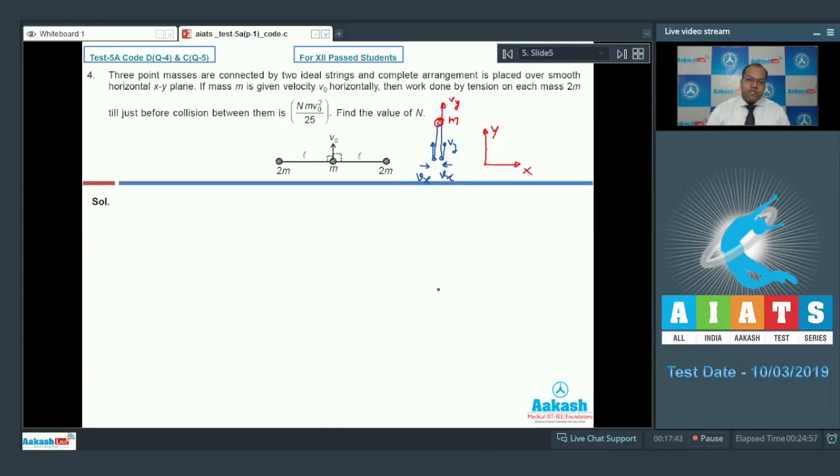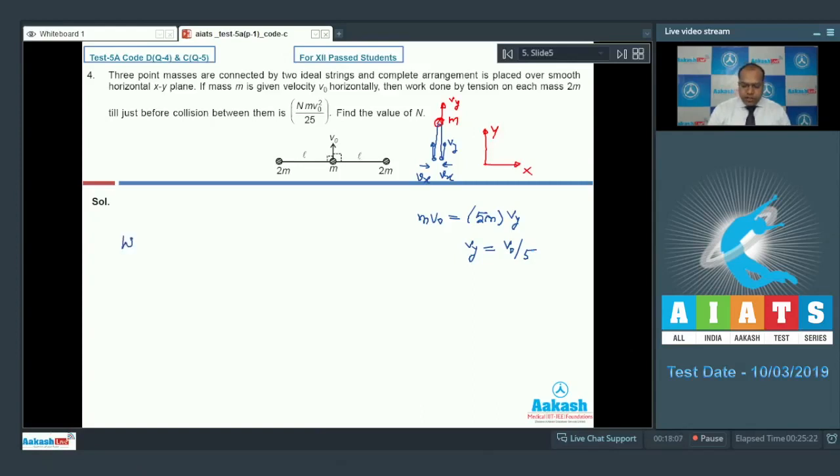Since no external force is acting on this system, from the principle of conservation of linear momentum in x direction, their velocities must be Vx in the direction I have shown. Similarly, if I apply the principle of conservation of linear momentum in y direction, then m into v naught is equal to 5m into Vy. So the value of Vy comes out to be v naught by 5. Now I have to find out the work done by tension on each mass 2m till just before collision between them.